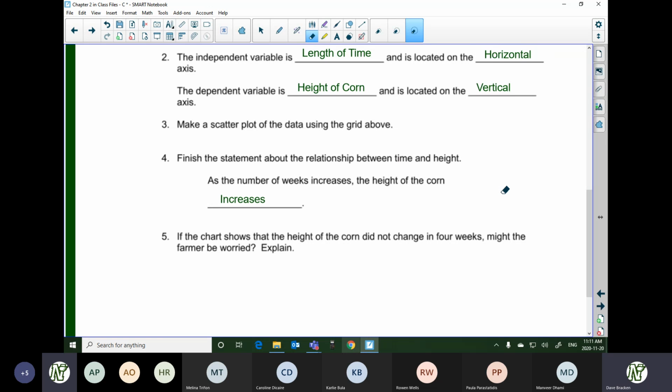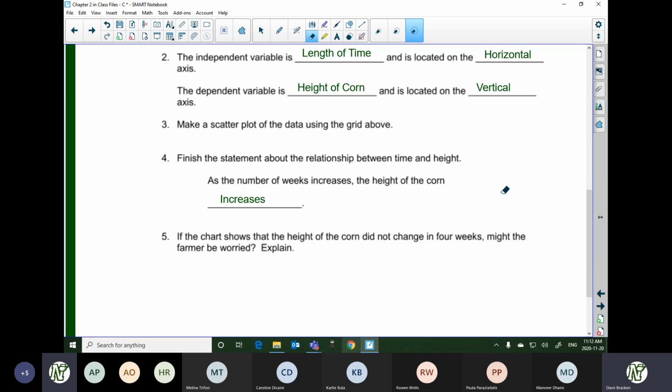And then if the chart or the graph shows that the height of corn did not change over 4 weeks, should the farmer be worried and explain? Those people that are online, you don't have to explain yet, but just put down yes or no. If the chart shows that the height of corn did not change in 4 weeks, should the farmer be worried?